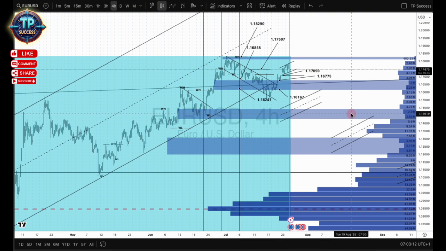So that's kind of how I will position myself in this whole game. However, if I was to do something right now, what I would be doing is simply waiting for the move to appear.